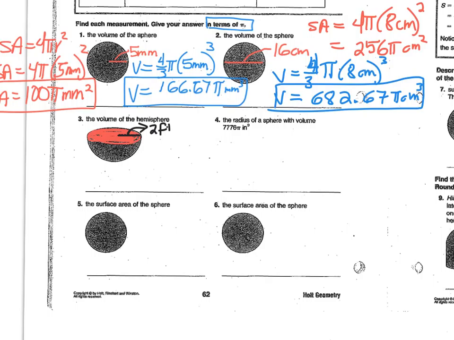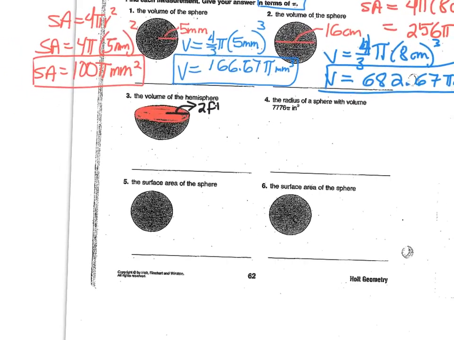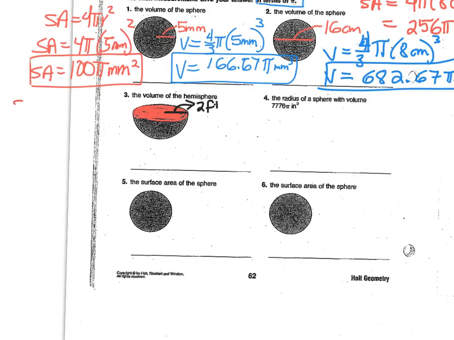So its surface area is 4 pi times 2 feet squared, divided by 2, and then plus the area of one circle, which is pi times 2 feet squared.